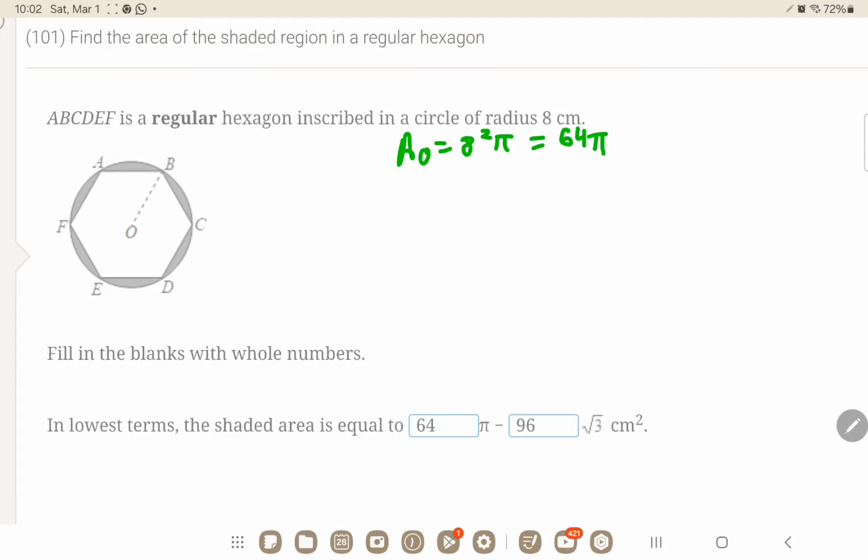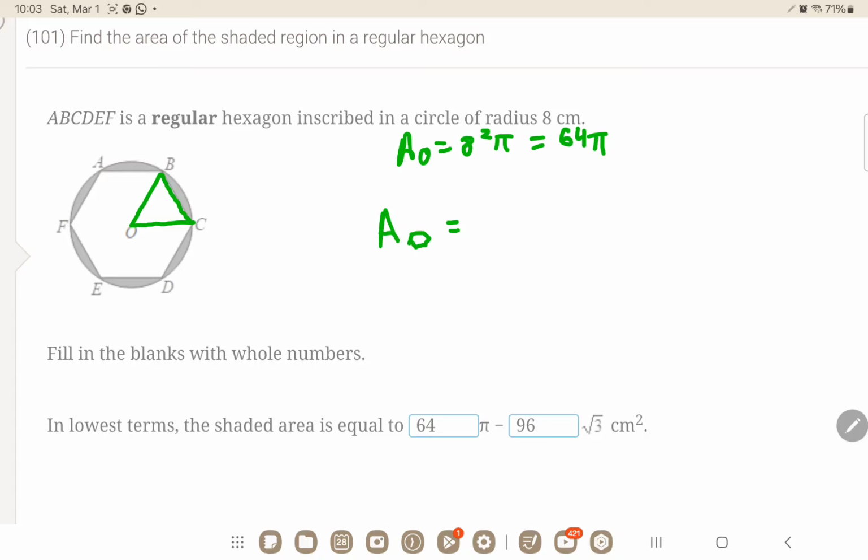Now to find the area of a hexagon, we said this in the other video, since they gave us the side, the radius is the side of the hexagon because it can make 6 equilateral triangles and all sides in an equilateral triangle are equal.